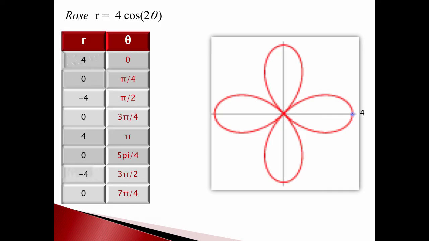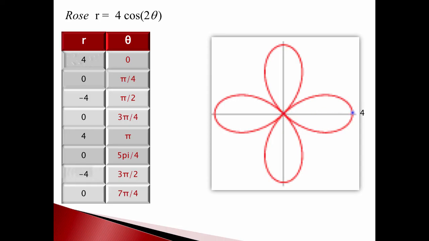That's cool. So r equals 4 when theta is equal to 0. But now between theta equals 0 and theta equals pi over 4, which again would be pointing in this direction, by the time theta is equal to pi over 4, well, r is decreased back to 0.